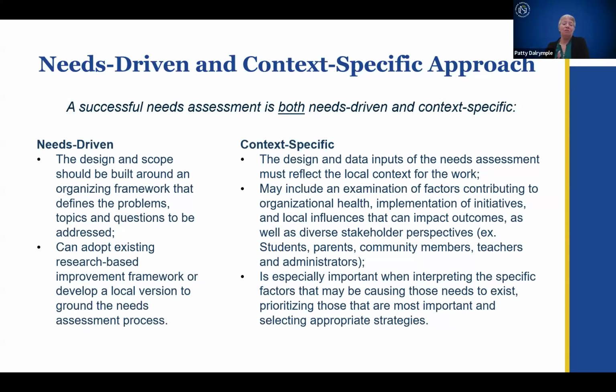But unless you also involve the context around that, it might not be a math issue. It might actually be an ELA issue if our students are having trouble reading those math problems. And so the importance of having the context in the needs is you're going to start looking at other things that could have influence on those math scores, such as ELA.